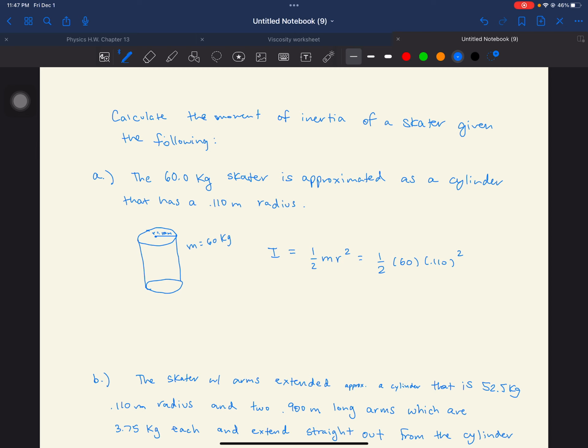That would be equal to 0.363. So the moment of inertia of the cylinder would be 0.363 kilograms meter squared. That would be the units of this question.